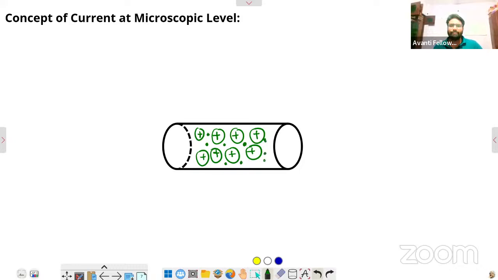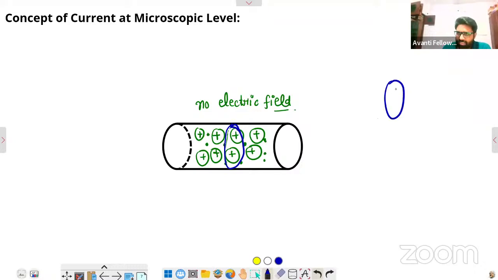So suppose there is no electric field. When there is no electric field, what happens? When you look at the microscopic level, you consider a cross section over here and see how much charge is flowing through that particular cross section. So let's say this is the cross section.